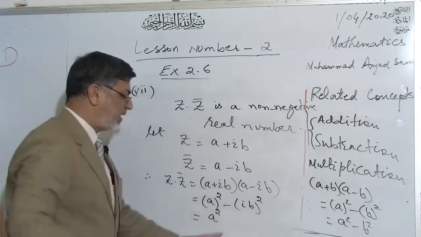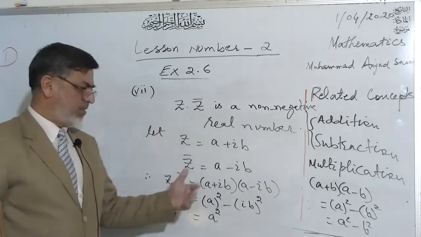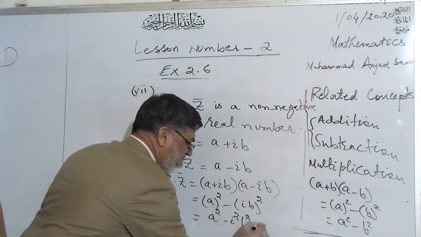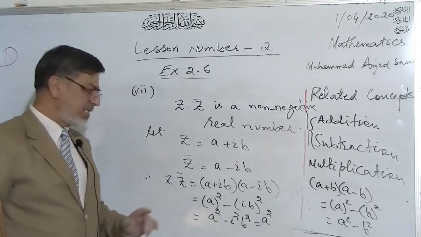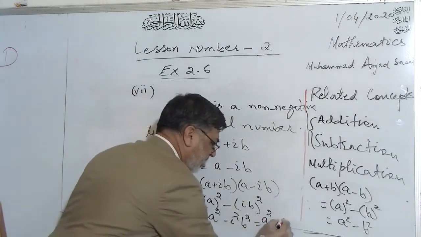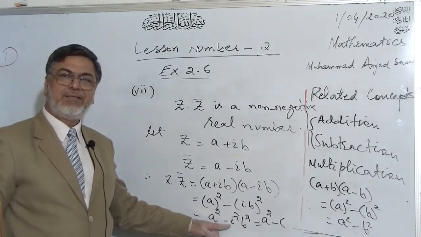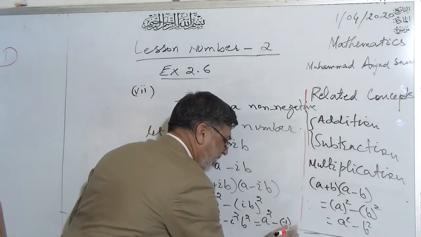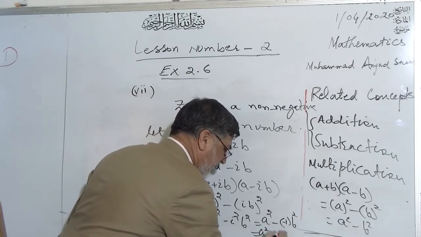Open up this square value, distributed on both iota square and b square. This is a square minus, and remember, what is the value of iota square? We have used it so many times, it is equal to minus 1. Here is b square. So this is a square plus b square.